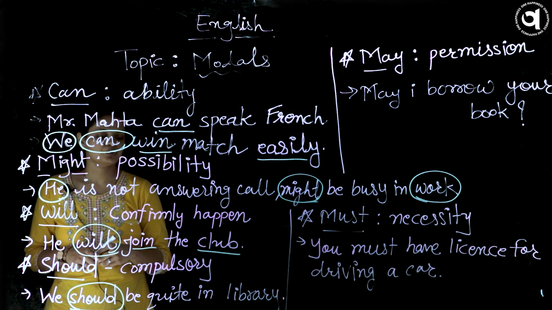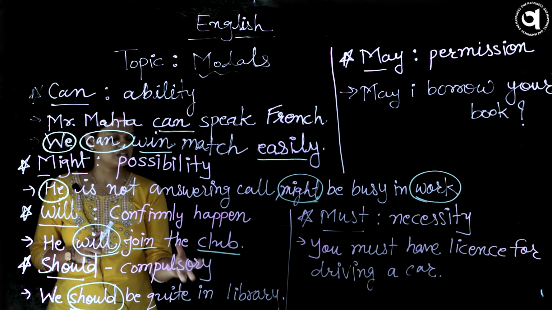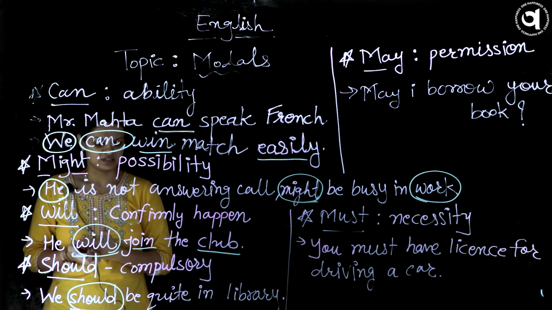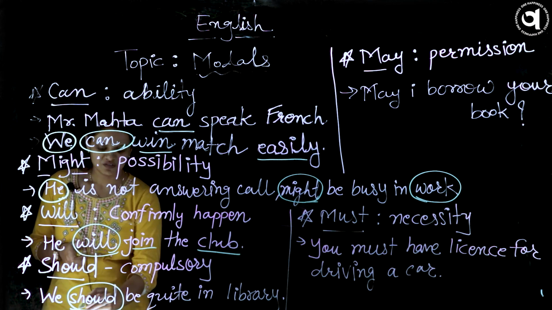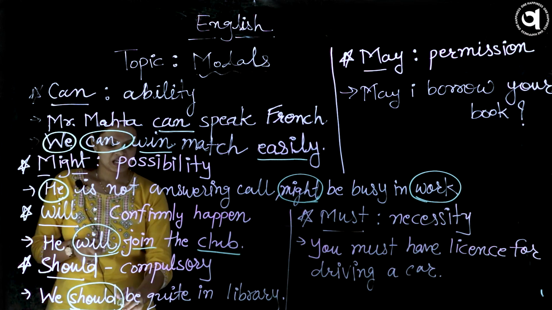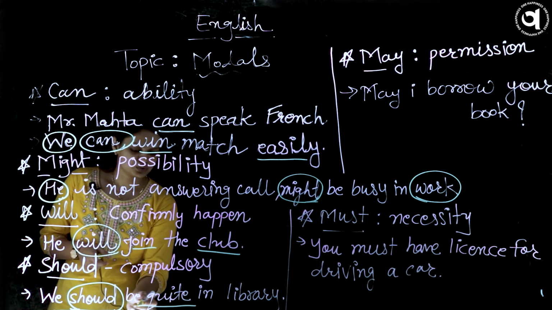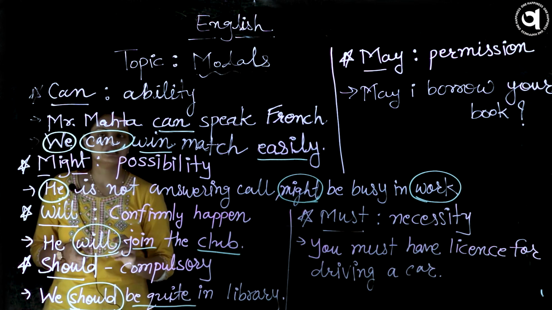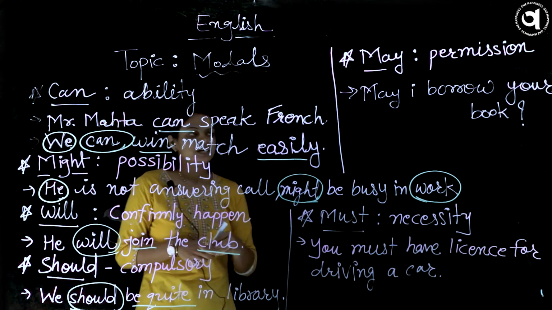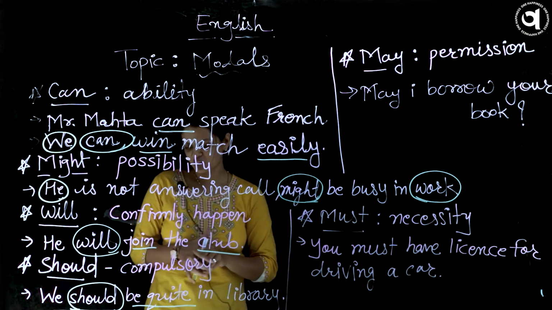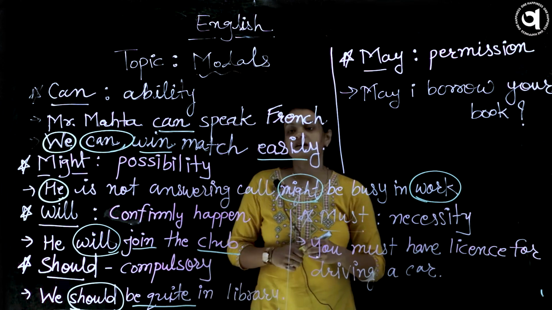So we are showing the compulsory thing in our sentence, that we should do this, and then we use the word should. By this word we can conclude that the verb is not correct to perform over there.